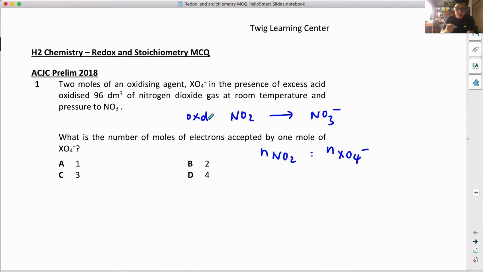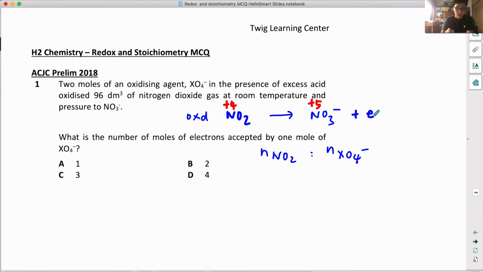You have to calculate the oxidation state of nitrogen, because it changes from +4, let me correct that, from +4 to +5 over here. So it was oxidized, and the electrons have to be put on the right side as +e. So +4 to +5, it lost 1 electron.